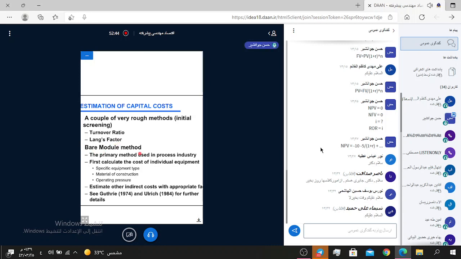Bare module method, the primary method used in the process industry: first calculate the cost of any individual equipment, a specific equipment type, material of construction, operating pressure.